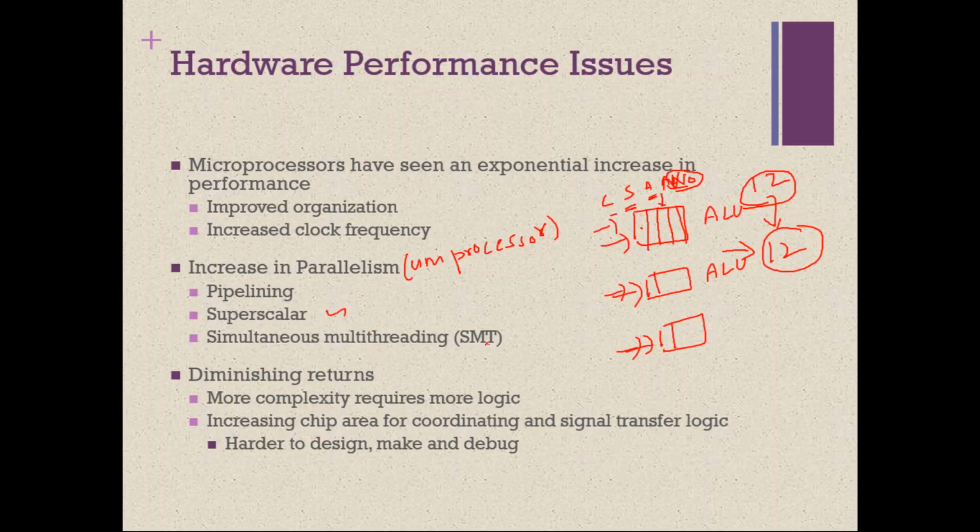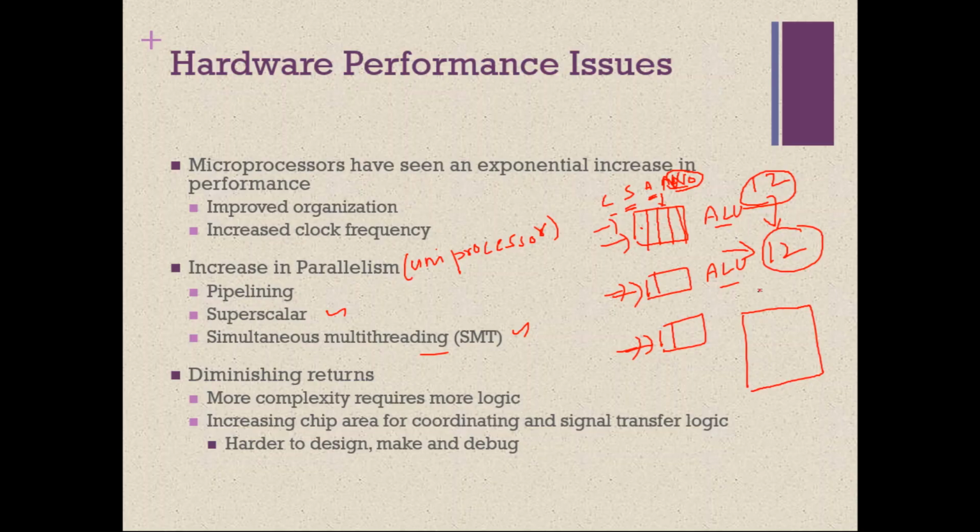And next is simultaneous multithreading. Simultaneous multithreading is also one form of superscalar. In a normal superscalar, only the functional units have multiple copies, for example the ALU or some other functional units. Whereas in simultaneous multithreading, apart from functional units, the registers also will have multiple copies.